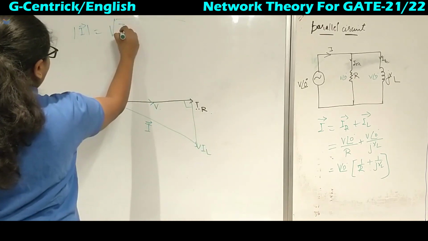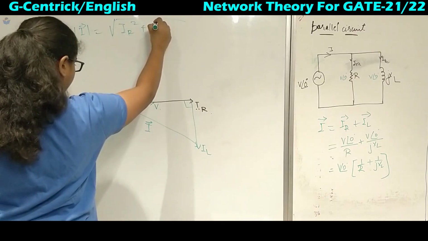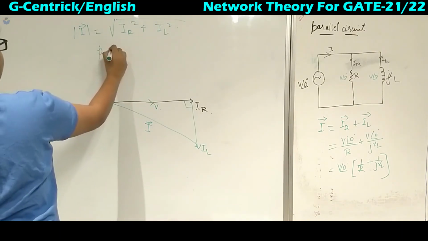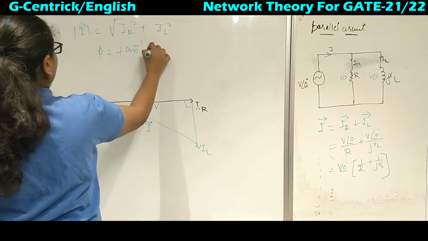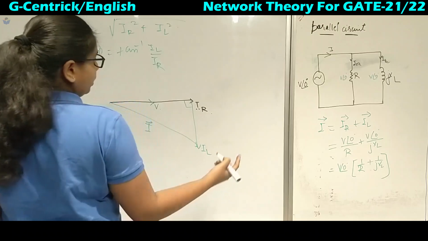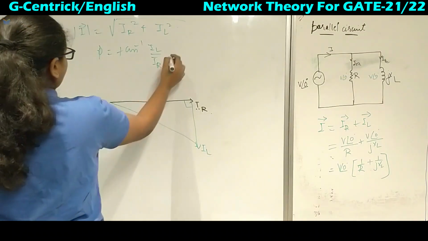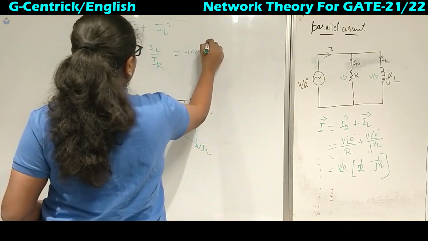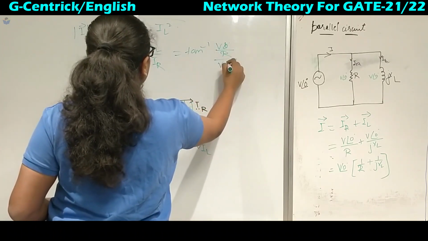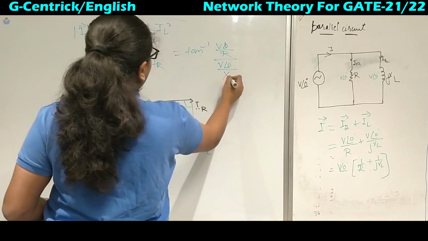It is root of IR square plus IL square. So phi will be tan inverse of IL upon IR. So this IL is nothing but V upon R. Tan inverse of V 0 degree upon R, and this is also V 0 degree upon XL.